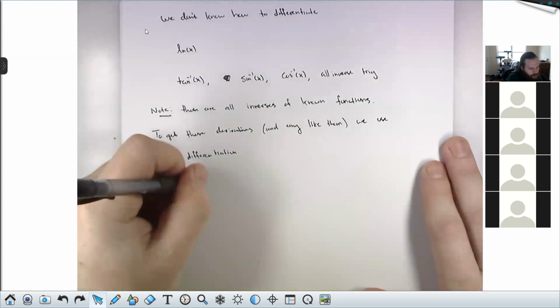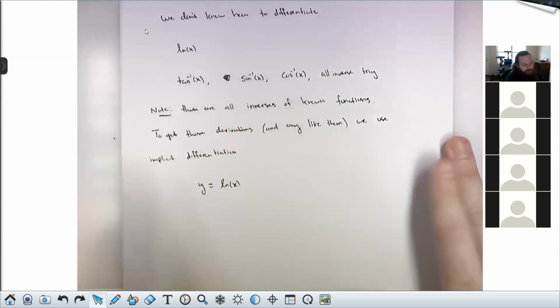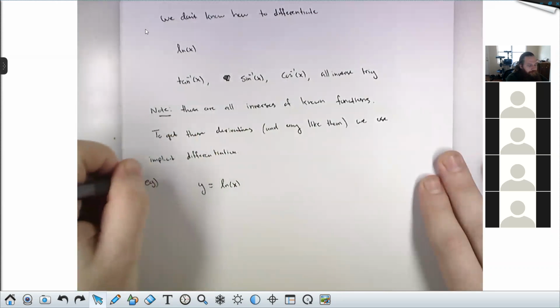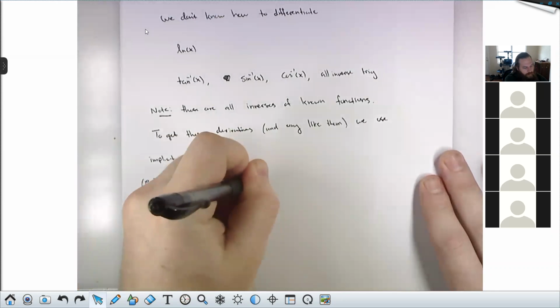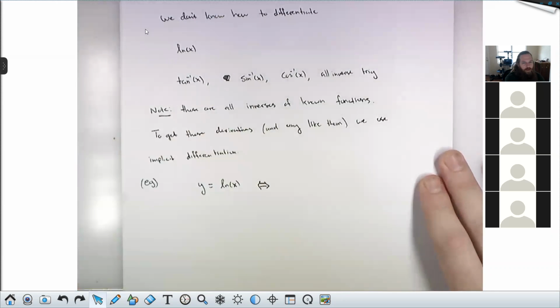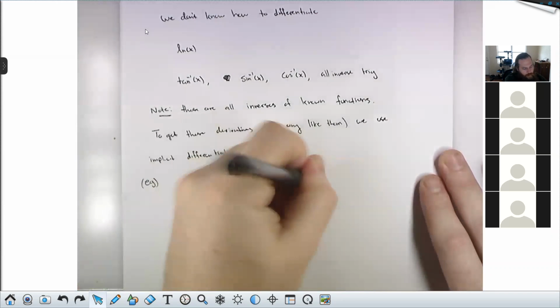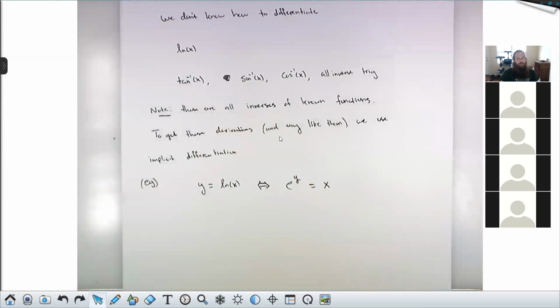Let's start with y equals ln x. According to the definition of the natural log, y equals ln x is the same as saying e to the y is equal to x. All right, that's what we mean when we say that the natural log is the inverse of the exponential.